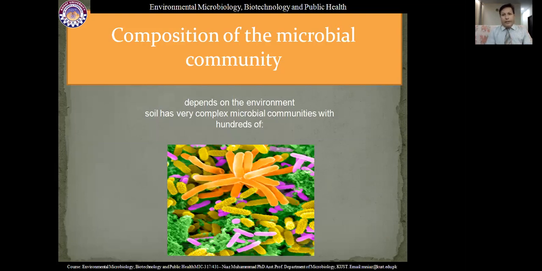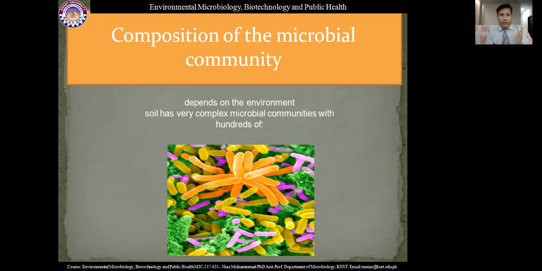So the second factor is the ambient environment; the composition of the microbial community depends on the environment. Soil has a very complex microbial community with hundreds of species. If there is pollution in the soil and a diverse microbial community, then some microbial community must have the potential to decompose that pollutant by producing enzymes.